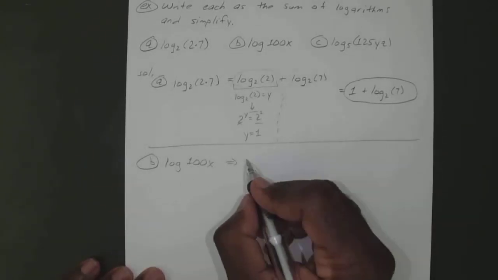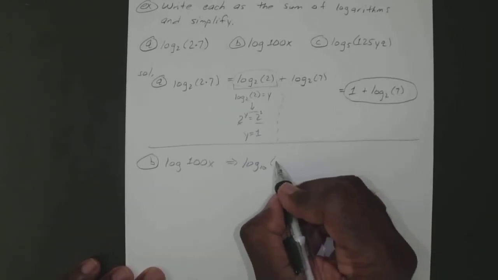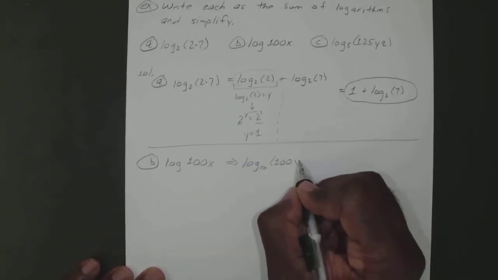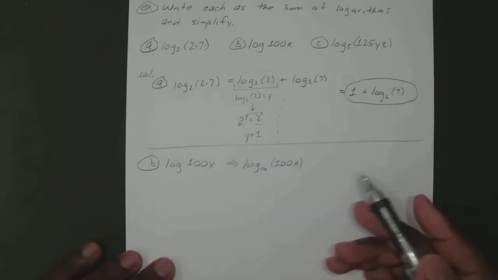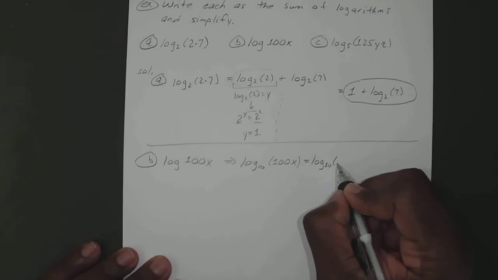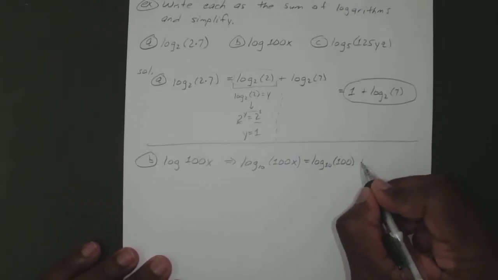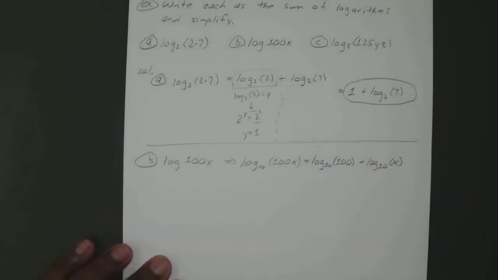Since we don't have a base, we know that's going to become log base 10 of 100 times x. Since that's multiplied, that's going to equal log base 10 of 100 plus log base 10 of x. So all we did was take the product and separate it with a plus sign.